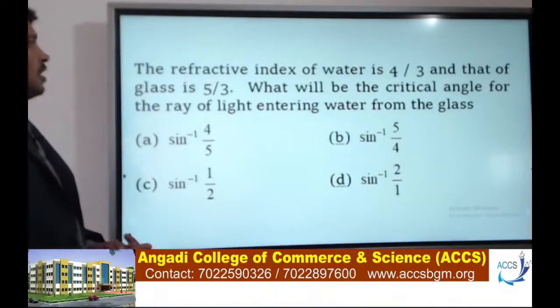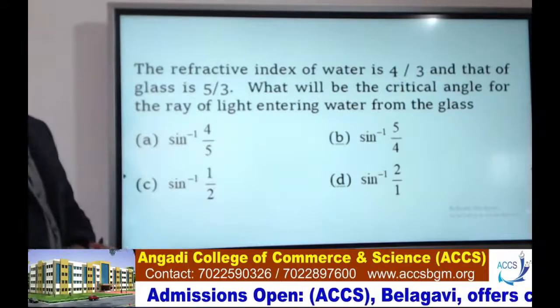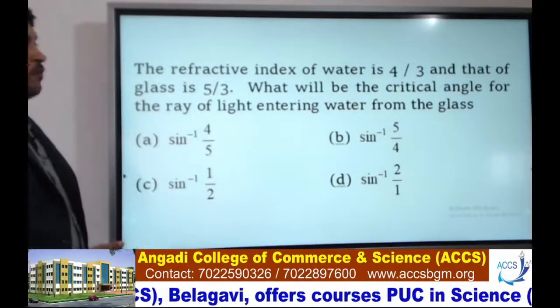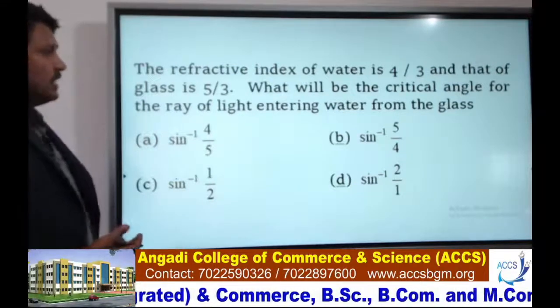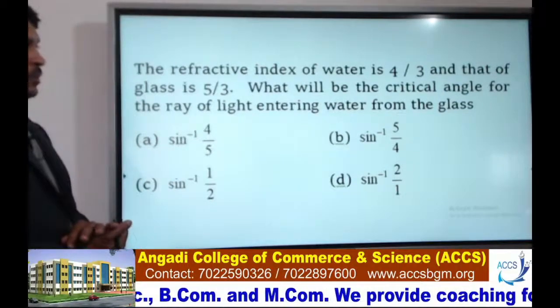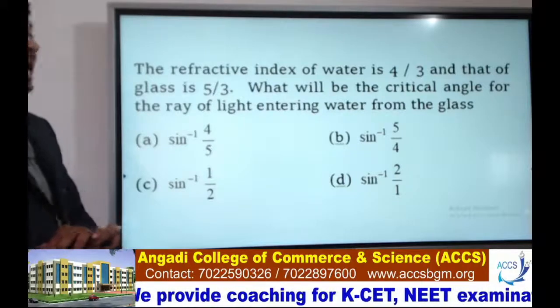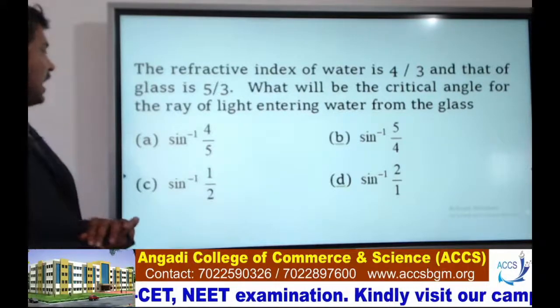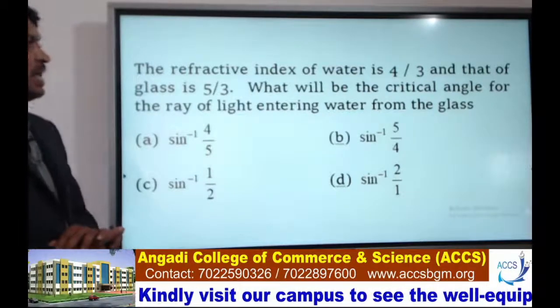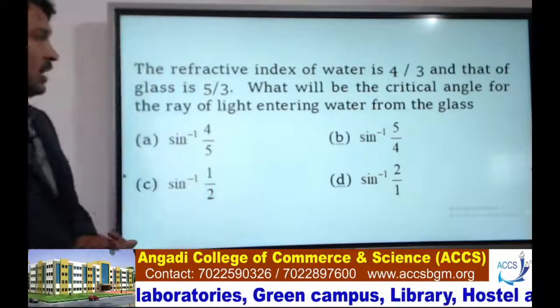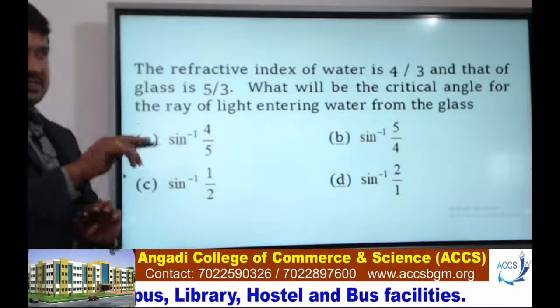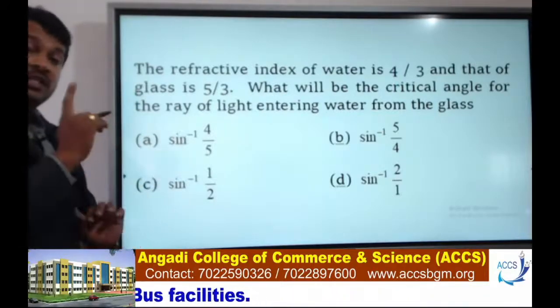The refractive index of water is 4 by 3 and that of glass is 5 by 3. What will be the critical angle for the ray of light entering water from the glass?